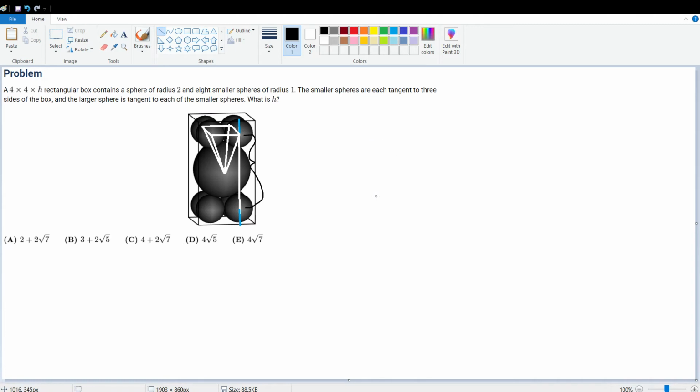So let's just draw the pyramid out here real quick so that we can have a better look at it. There we go. We have some central point up here.